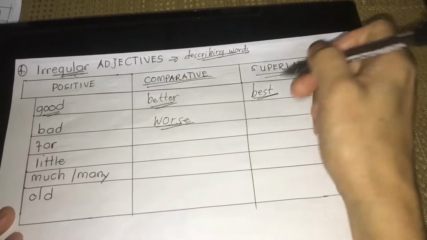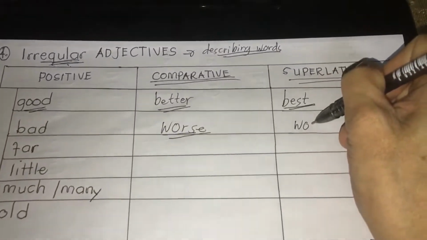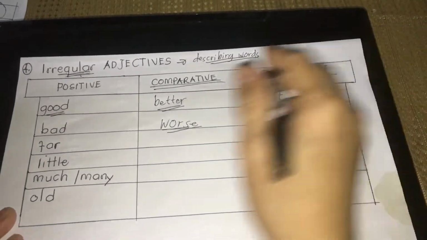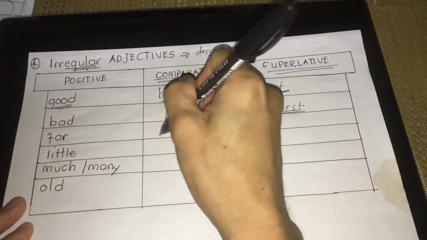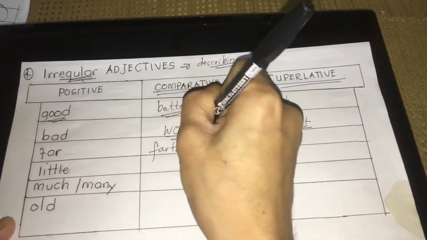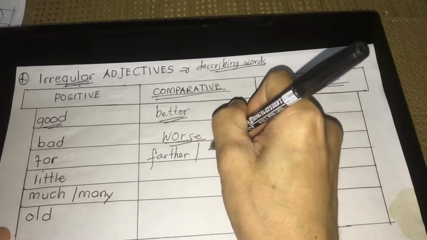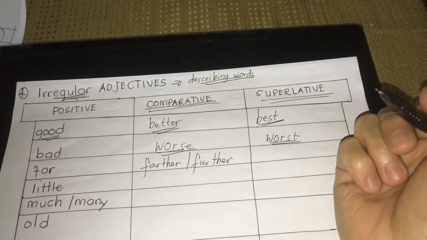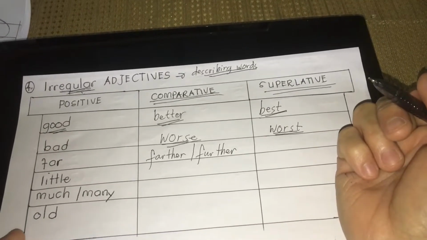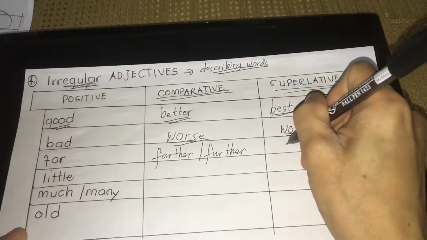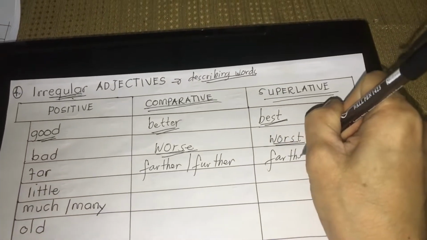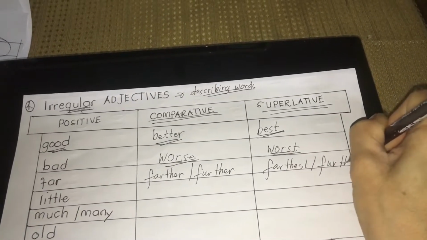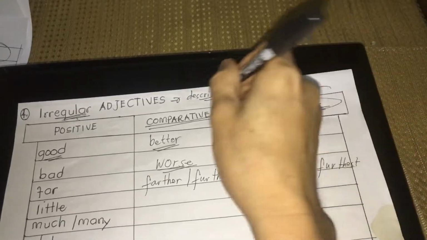And then for superlative, we can write worst. Far, so we can use farther, or like this one, further. And then for the superlative degree, we can write farthest, or furthest, is the form for our superlative.